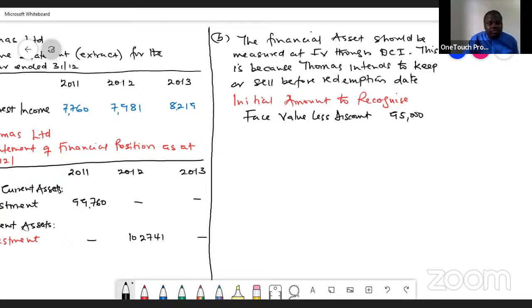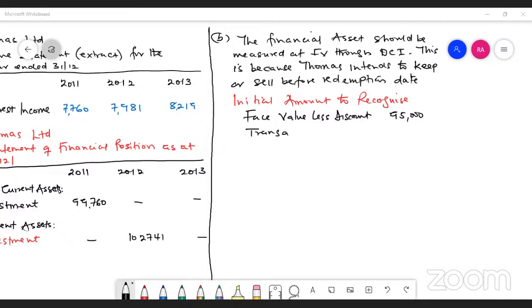That is the fair value. Then we add the transaction cost. The transaction cost, which is 2,000, will give us 97,000.